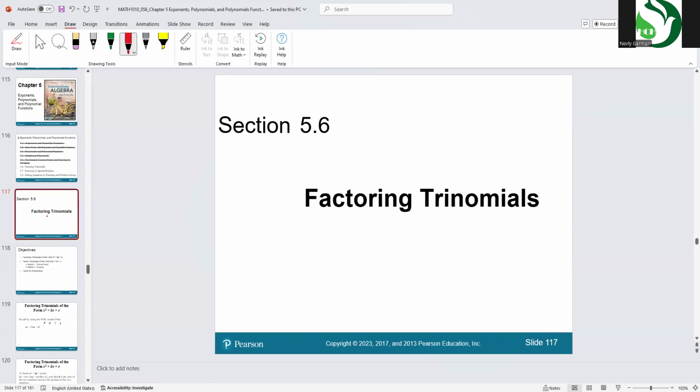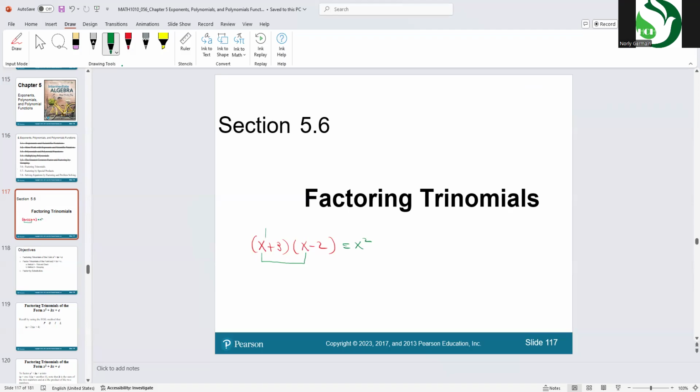For example, in the previous sections, if we have x plus 3 times x minus 2, we know what we can do here. Remember, if we FOIL it, what did we do for FOIL? We multiplied the first, that gave us x squared.